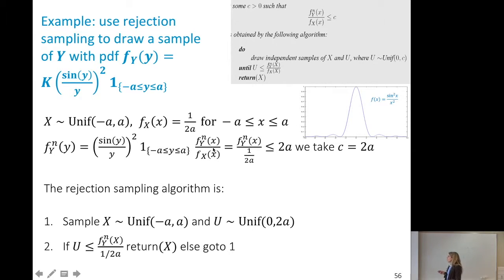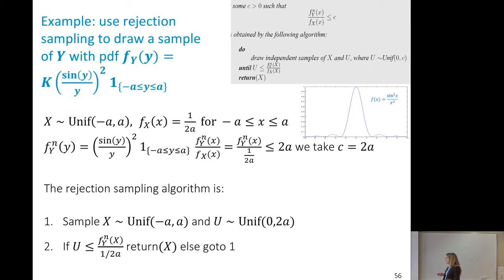Then we know fX, we know fYn, and we take this quantity, fYn over fX, for x between minus a and a. This quantity is less or equal than 2a, because fYn is less or equal than 1, fX is 1 over 2a, so this is less or equal than 2a. This is our c in the theorem, the bound.